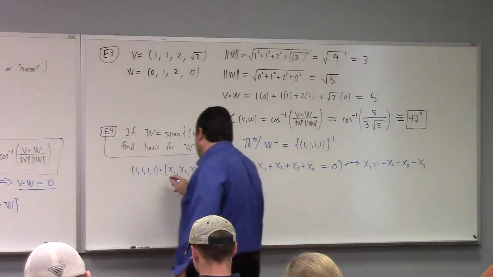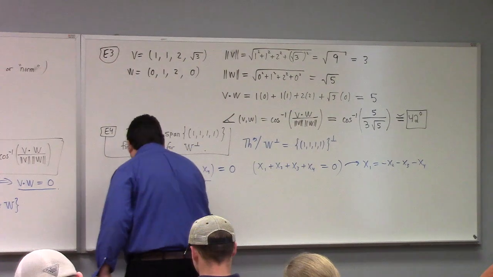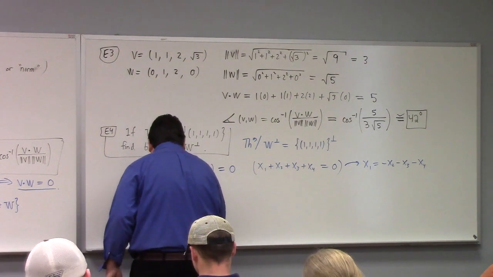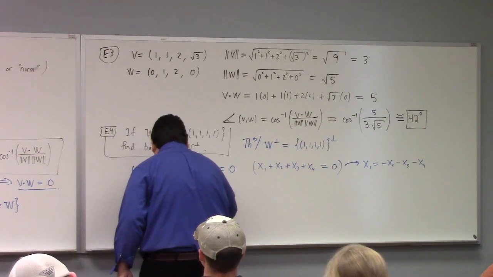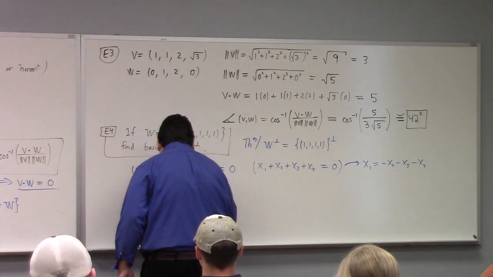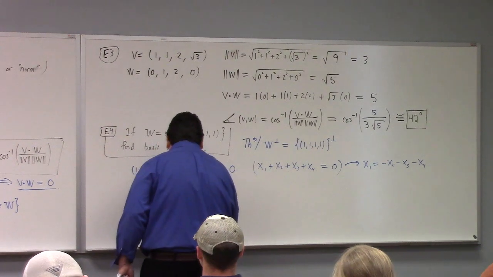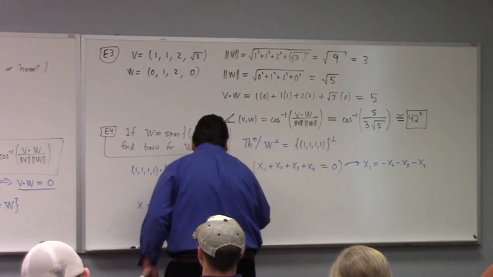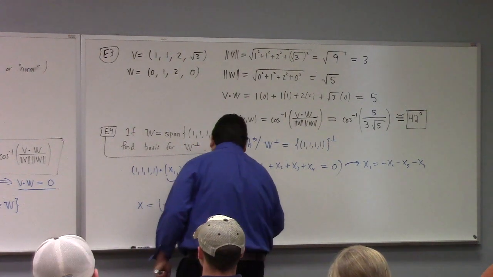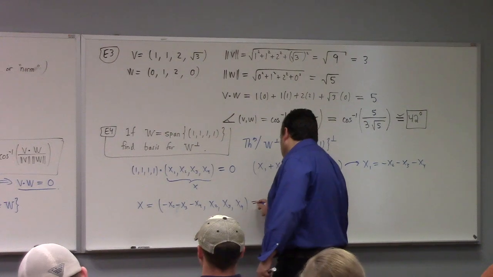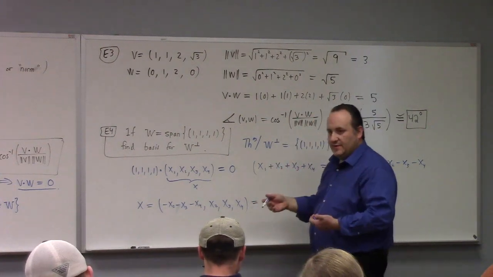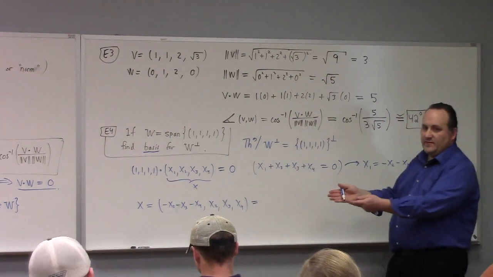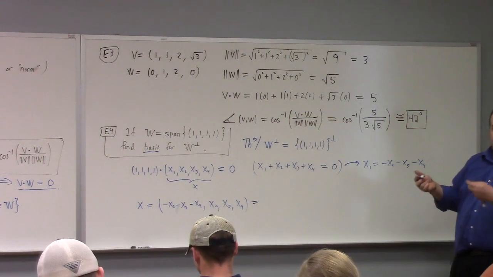So if I call this thing x, my solution x has the form minus x2 minus x3 minus x4, x2, x3, x4. I wrote a comma where I meant to write a minus. I wanted to find a basis for W perp, so what I currently have is a parameterized description of an arbitrary point in the perp.